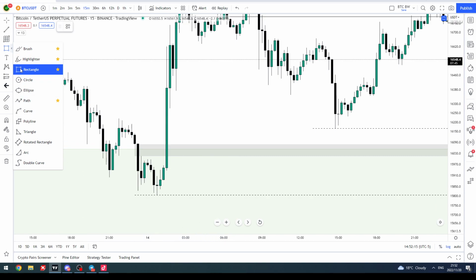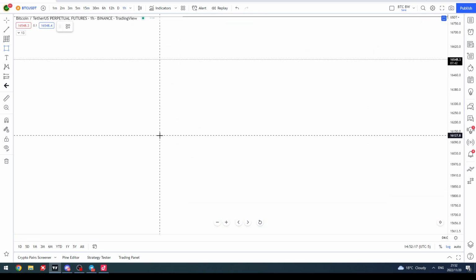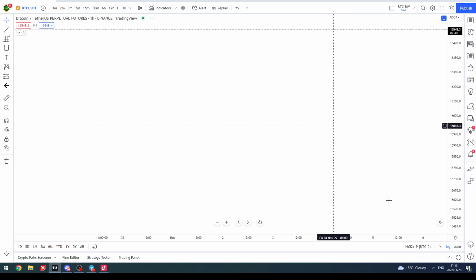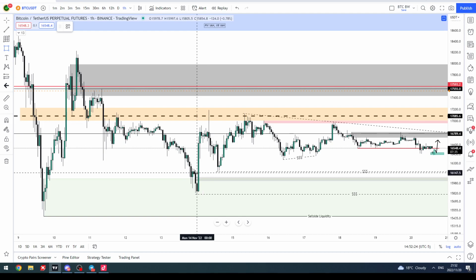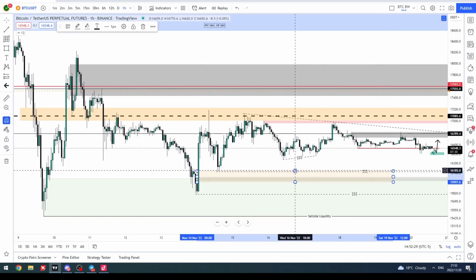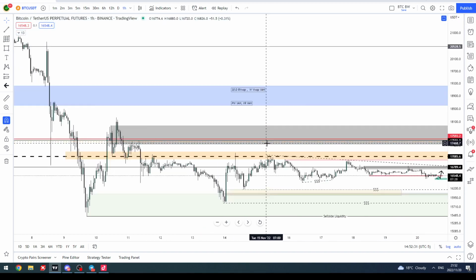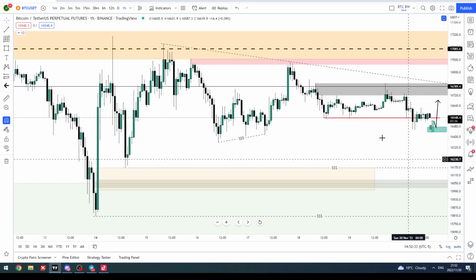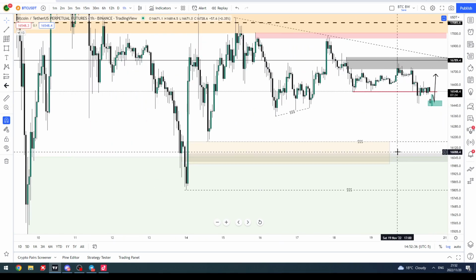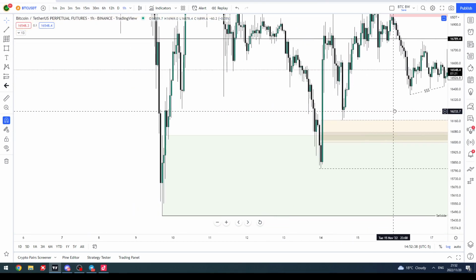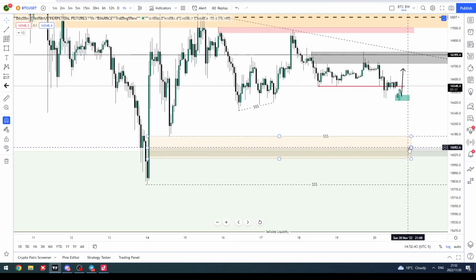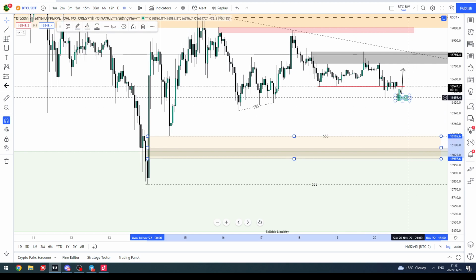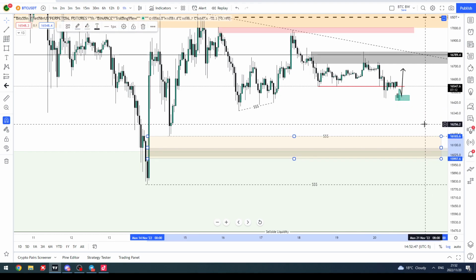So we had the fair value gap on the H1 that you were talking about here. That's the gap you're talking about. But you may find that this candle will fall completely down into the balanced price range portion of it. Right, and that's just more for precision than anything else.